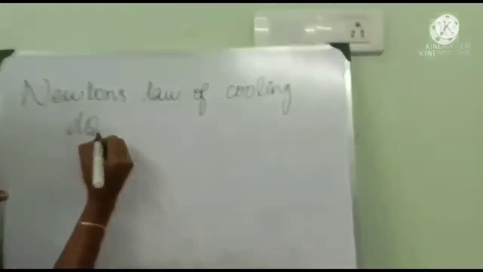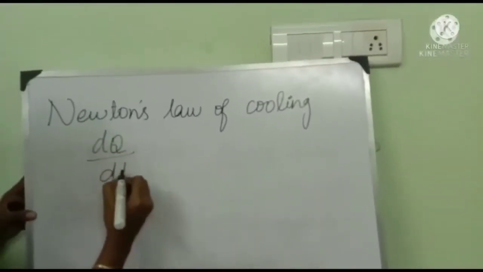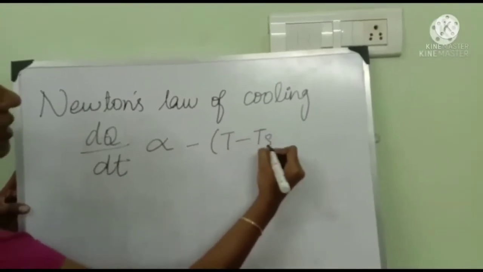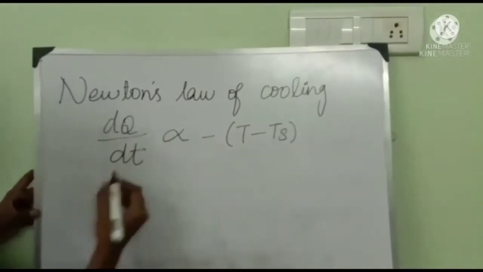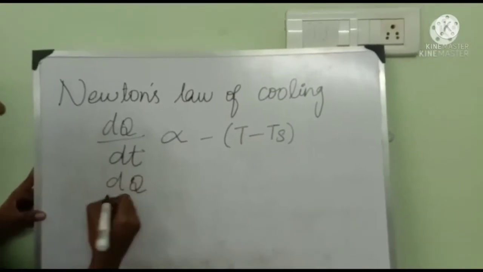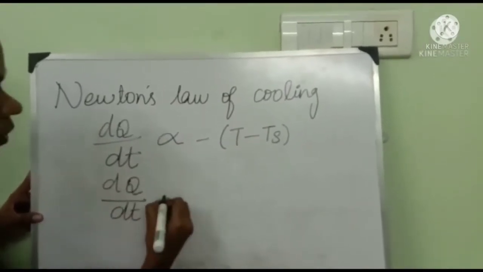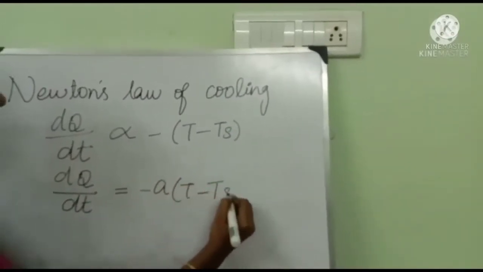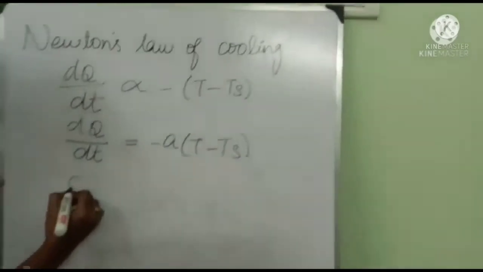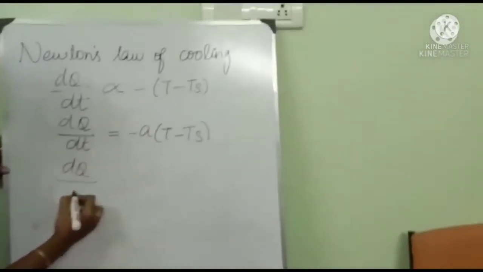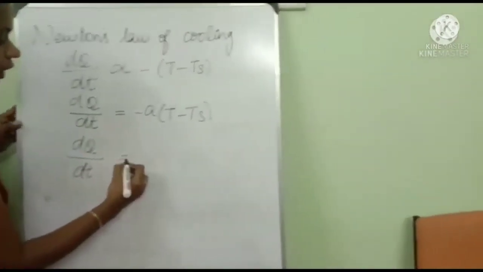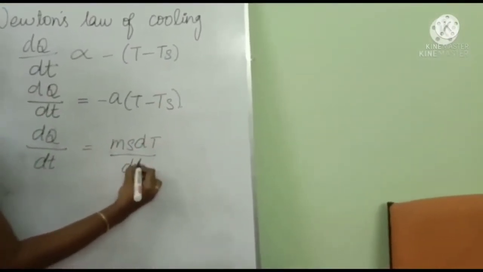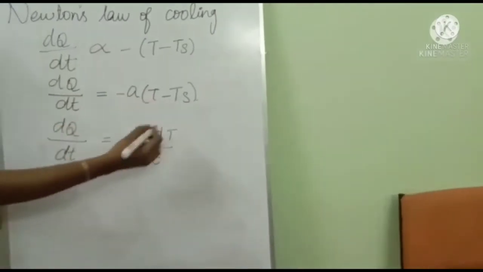Newton's law of cooling is dQ by dt is proportional to minus of (T minus Ts). Now removing the proportionality sign and introducing a constant, we get dQ by dt equal to minus A (T minus Ts). Now I am equating this with the specific heat capacity relation we already obtained, that is dQ by dt equal to m s dT by dt.